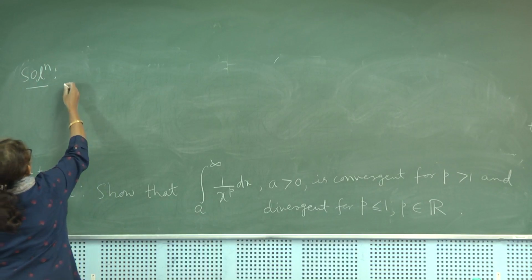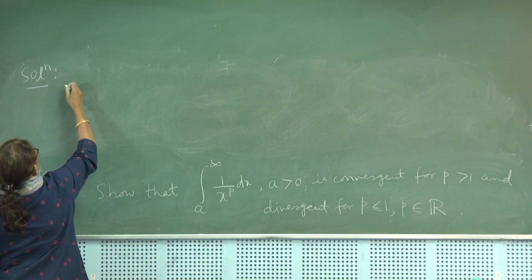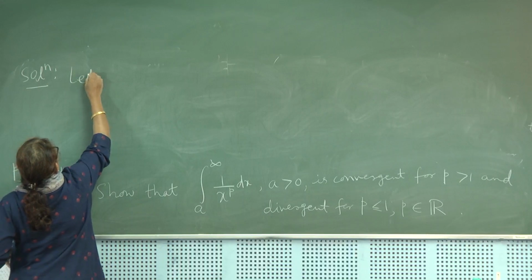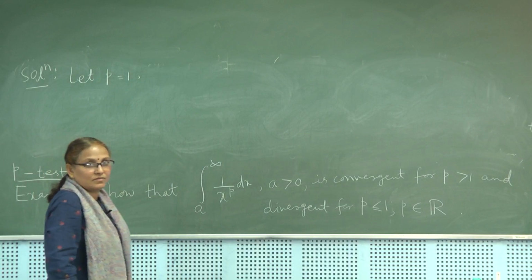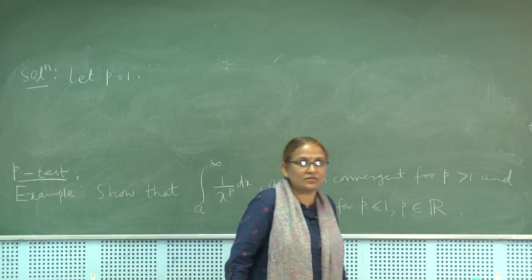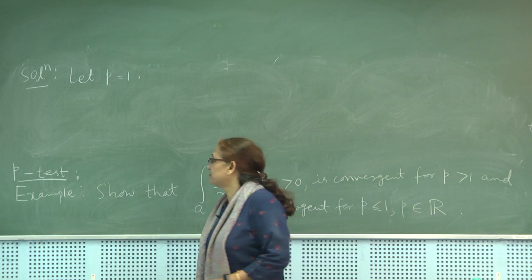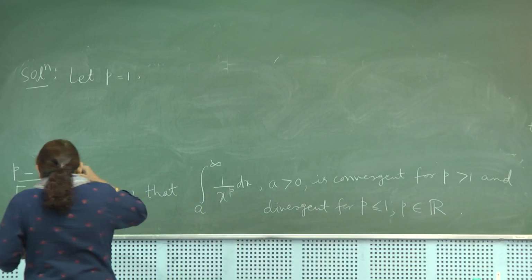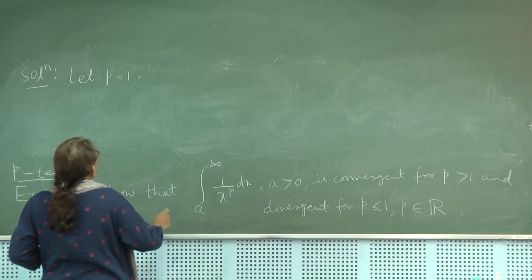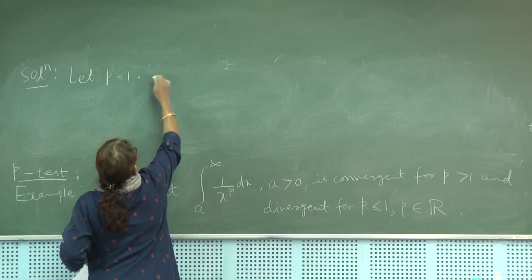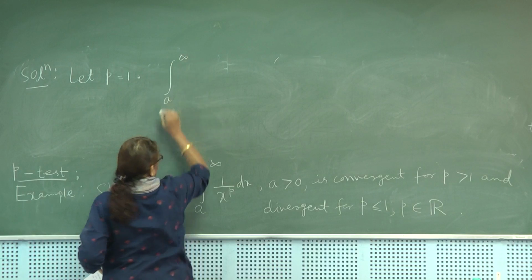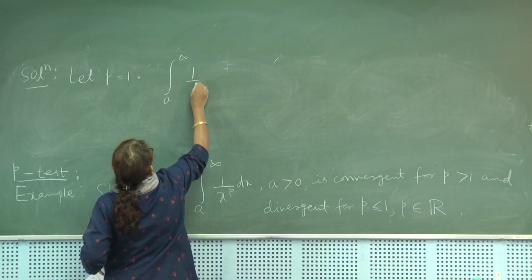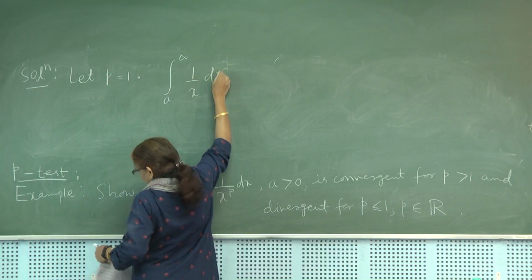First, let us consider the value of p equal to 1. In this case our integral will be the integral from a to infinity of 1 upon x dx.